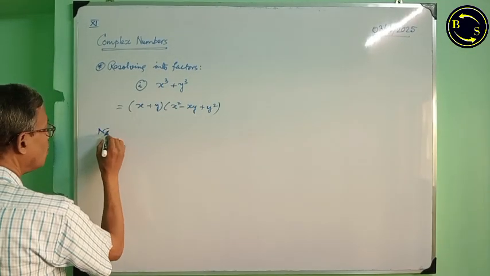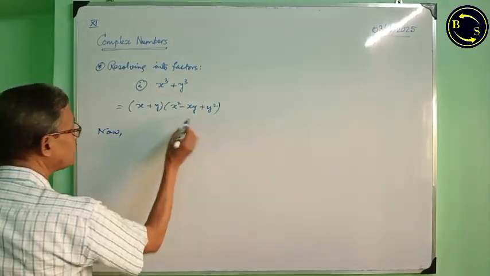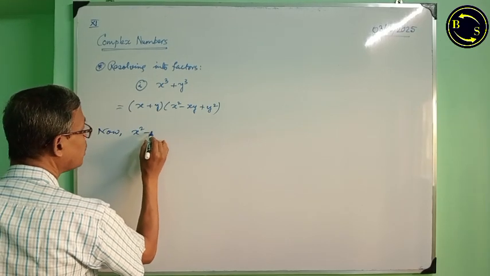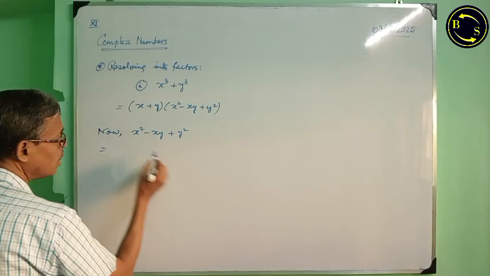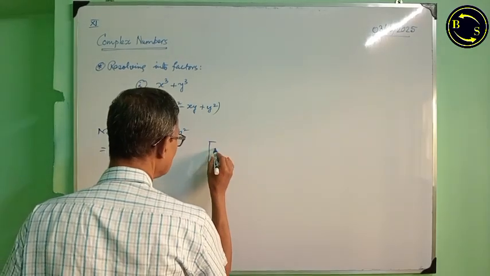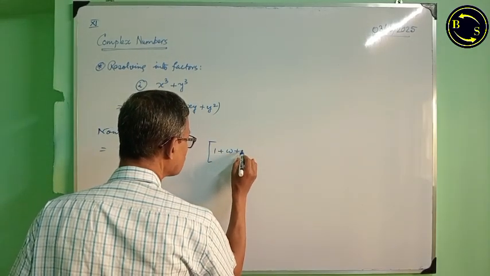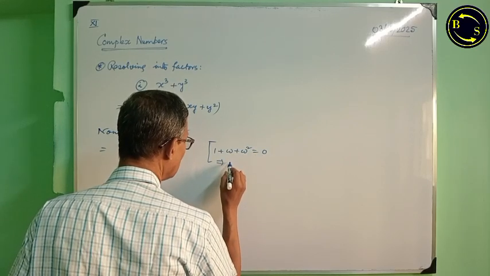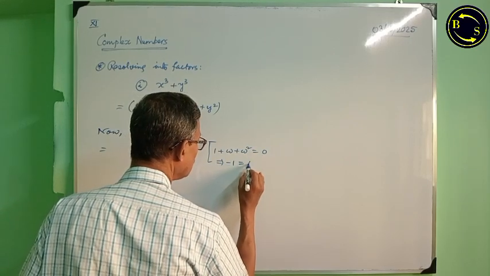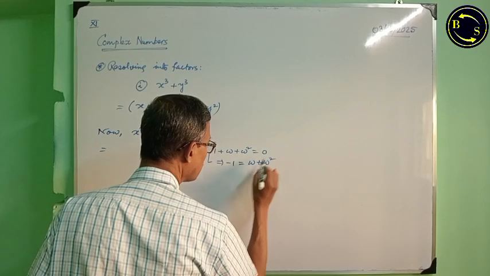Now I do separately x square minus xy plus y square. Here I mention 1 plus omega plus omega square equal to 0. From that, minus 1 will be equal to omega plus omega square.